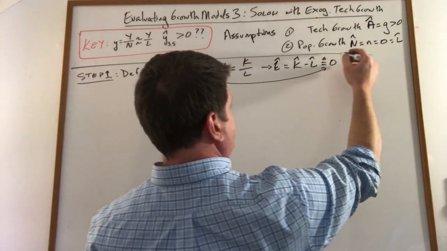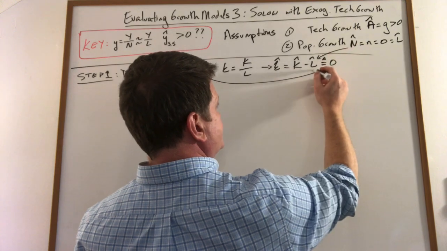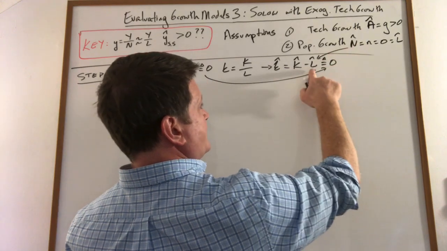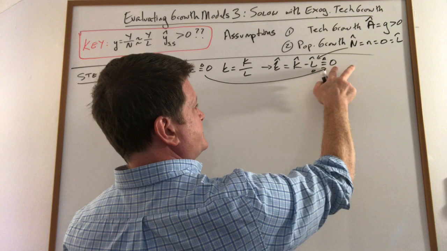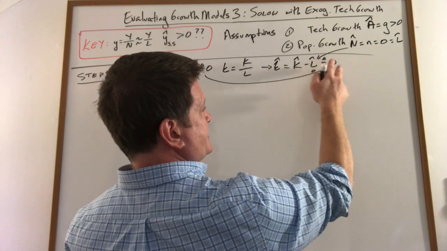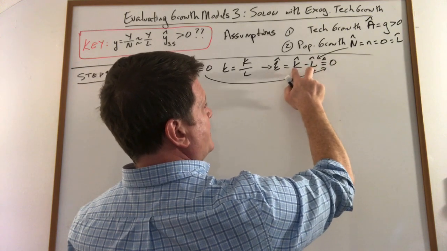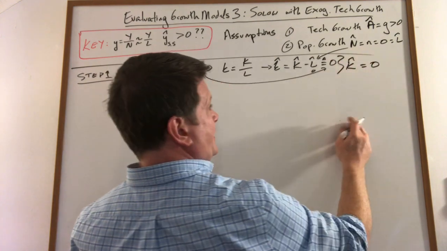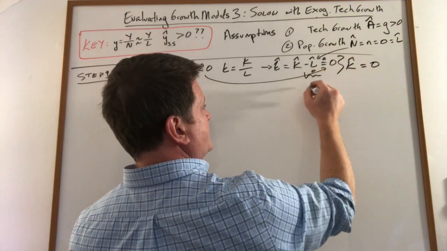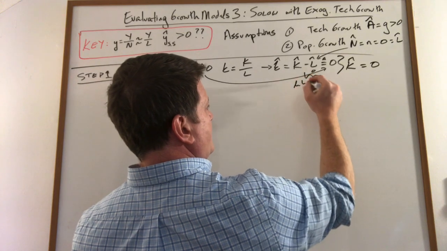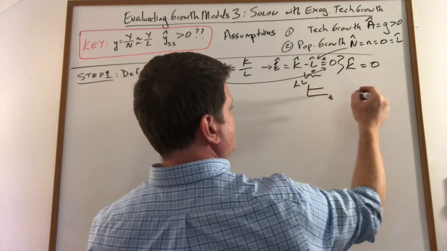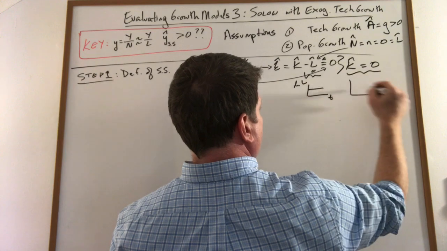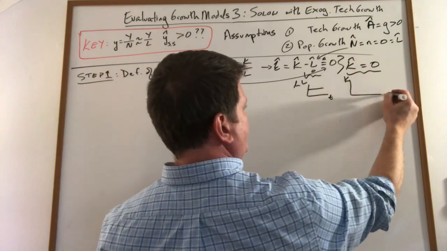By assumption, this is 0. So if that's 0 and those two have to add up to 0, or k hat minus L hat has to be 0, then K hat also is 0. Again, if I graph this, I would get log of L is a constant, log of capital, and I'll drop the log sign here.